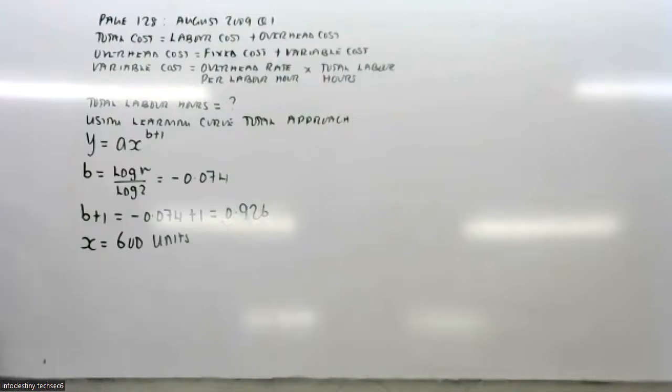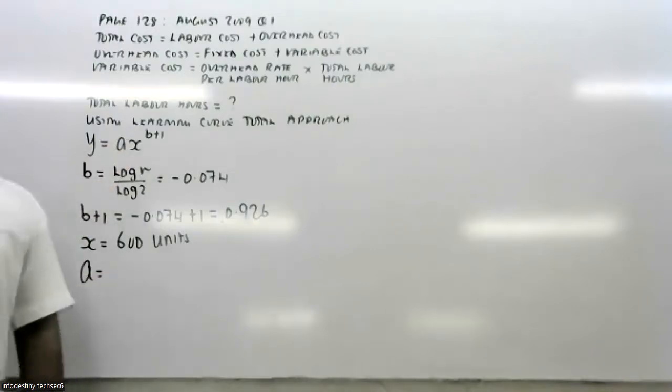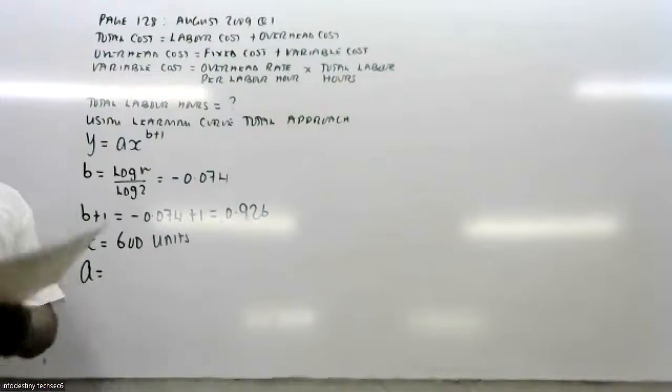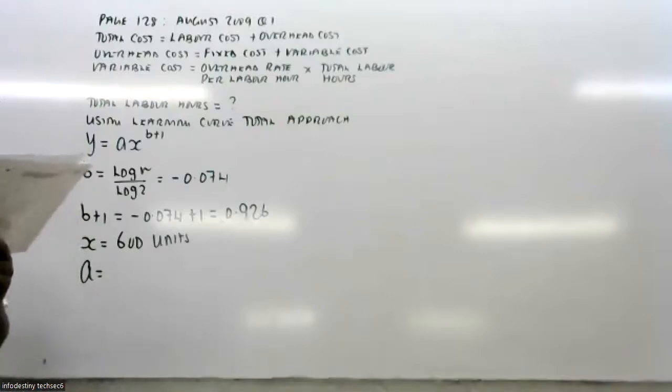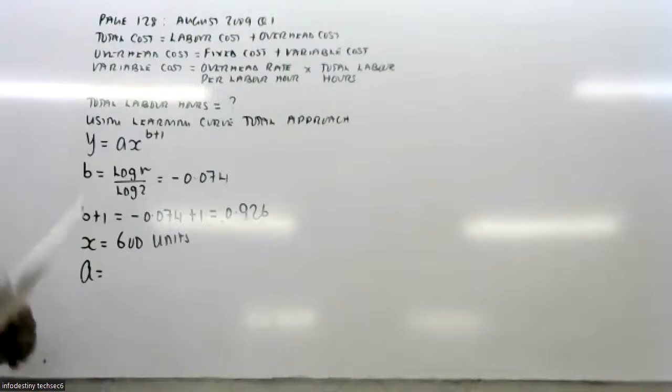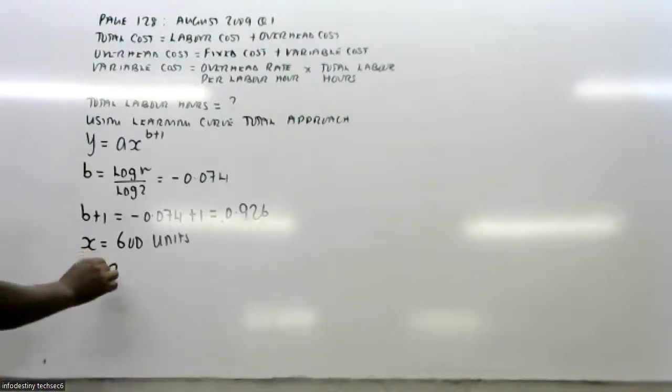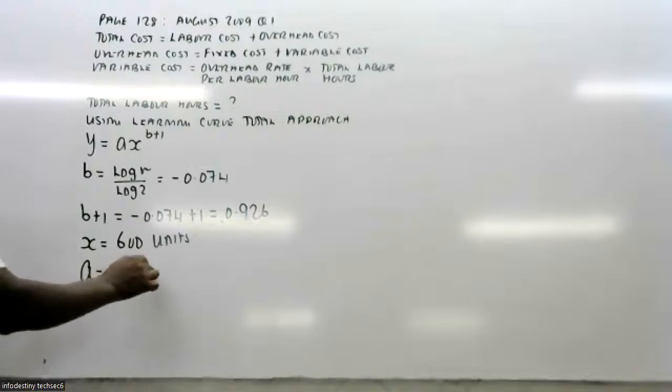So total means 600. Now let's look for a. a is the time that is taken to make the very first unit. According to the second sentence, Deck Limited estimates that the first kitchen will take 24 hours.